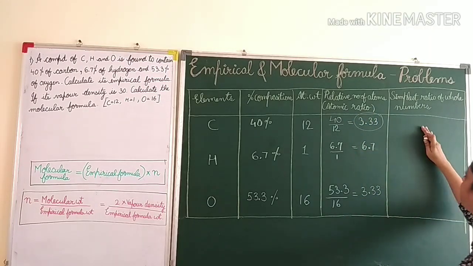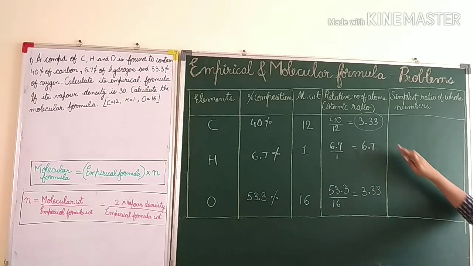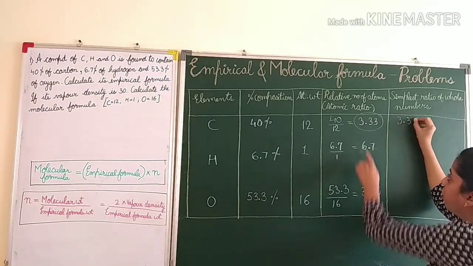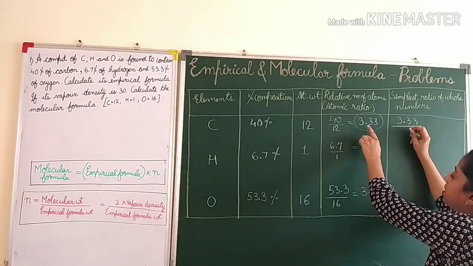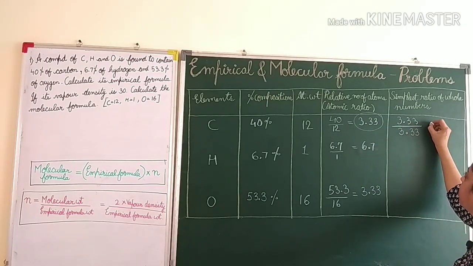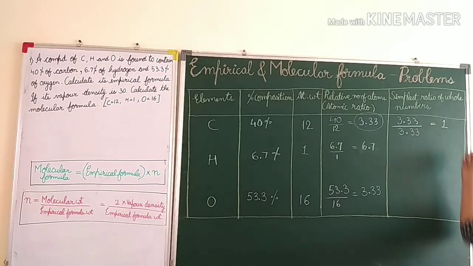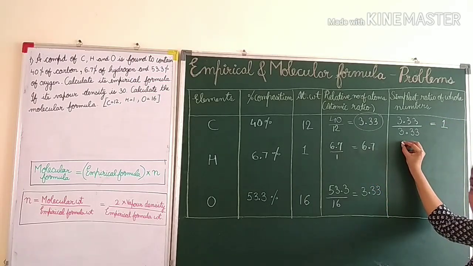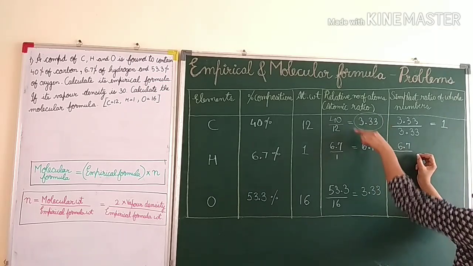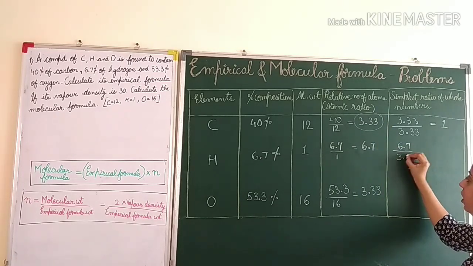Now we find the simplest ratio of whole numbers. So we take whatever we obtained here, divided by the smallest number that we got. So here it is 3.33 only. So this ratio came out to be 1. Now here 6.7 is given. So we write 6.7 and then we divide it by the smallest number, that is 3.33.